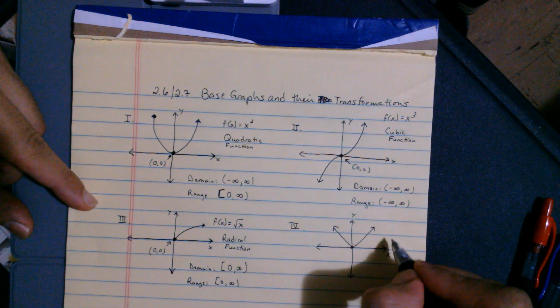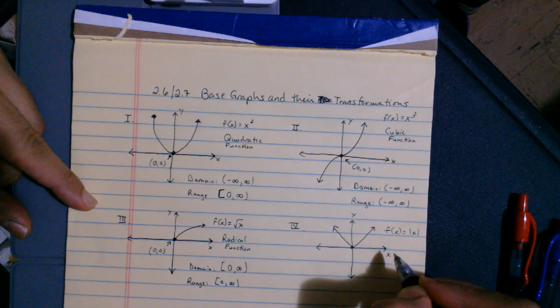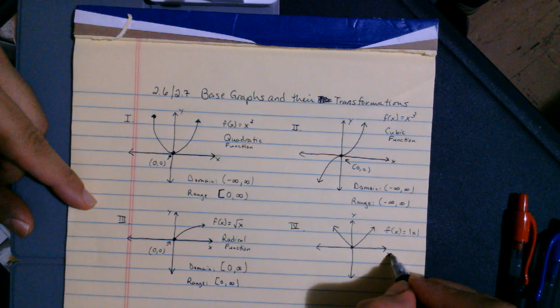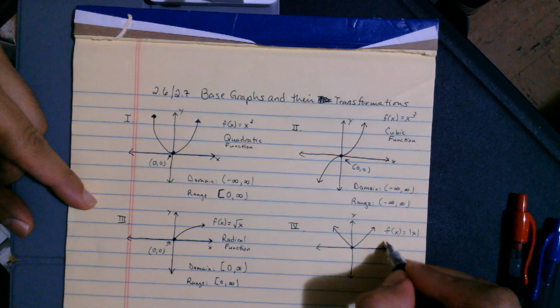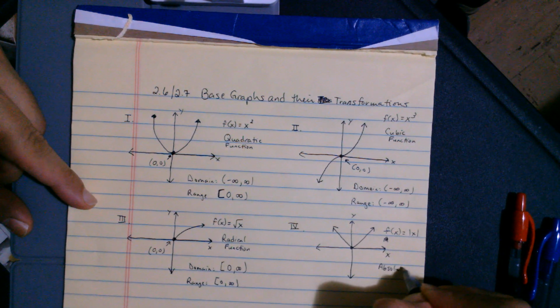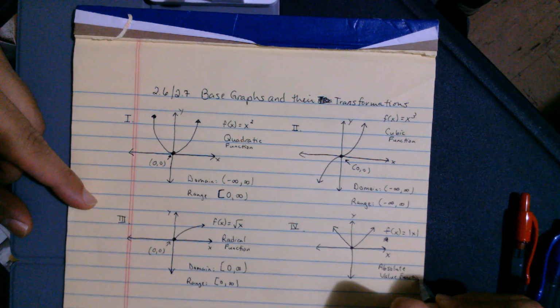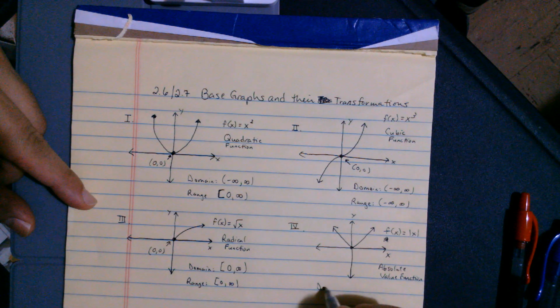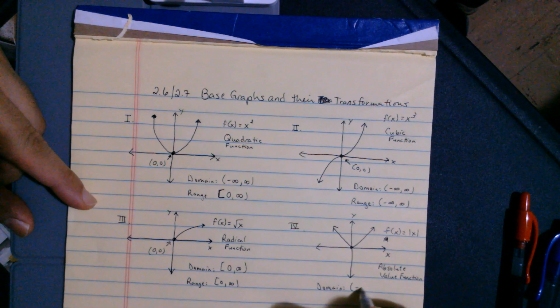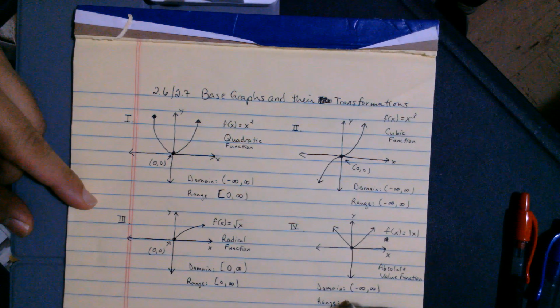It's a little v, which you learn a little bit about with the inequalities in chapter 1. It is the absolute value function. Its domain would be negative infinity to infinity, and its range would be 0 to infinity.